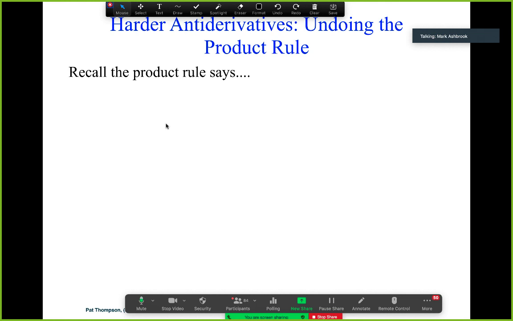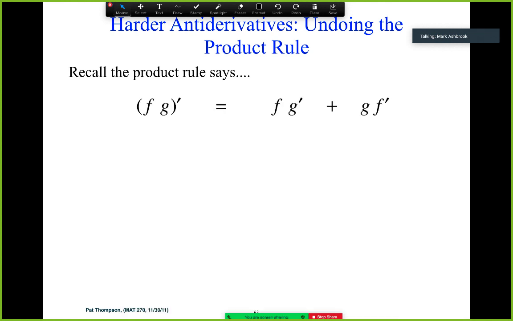Remember that the product rule says that the derivative of a product is the first times the derivative of the second plus the second times the derivative of the first. Okay? Thus, if we applied antiderivative to all three terms, we'd have the antiderivative of f g prime plus the antiderivative of g f prime.